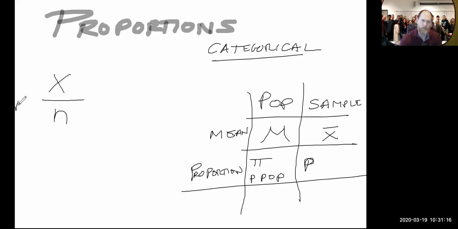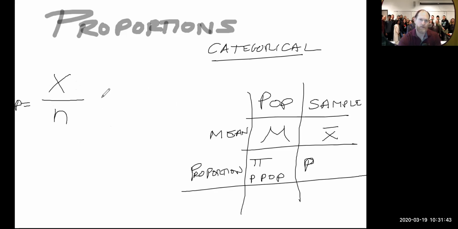So P is going to be the characteristic we're interested in, if people like hot dogs, if people are interested in Metallica playing at YCP, and then the number of people that we talked to or that responded to a survey.